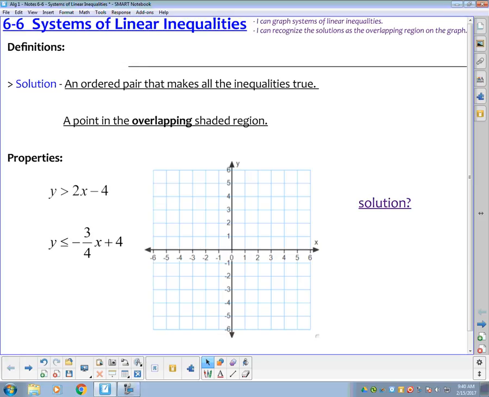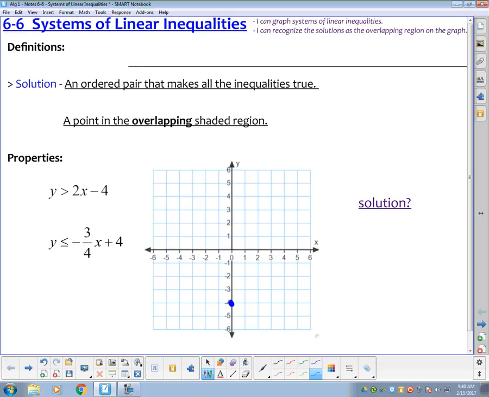So what is the y-intercept for this first inequality? Can you tell me where to start on the y-axis? -4. So put a dot at -4. Now, from -4, where do I go according to the slope?